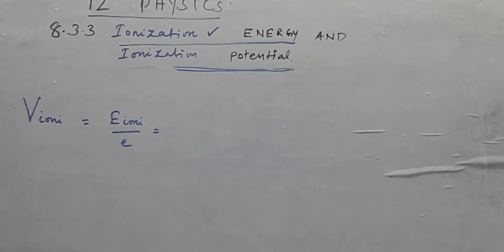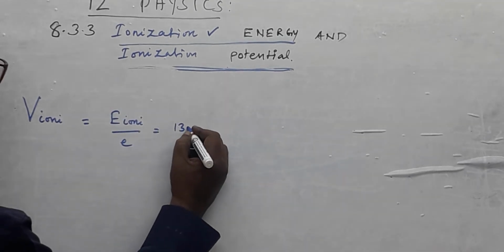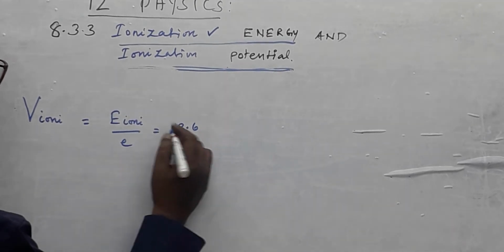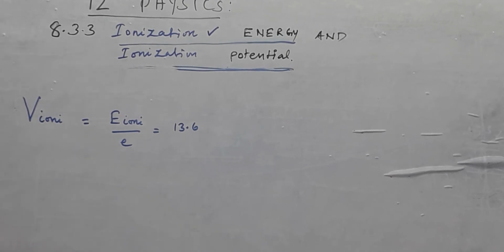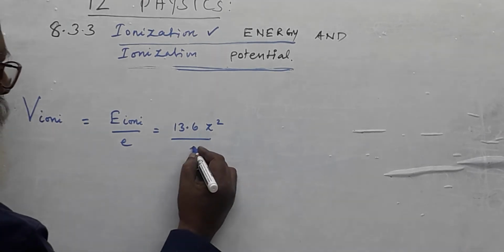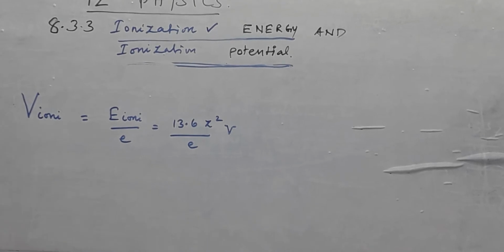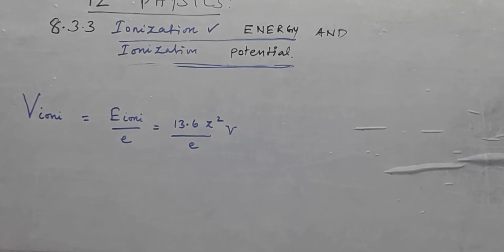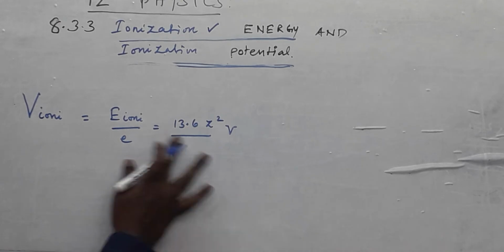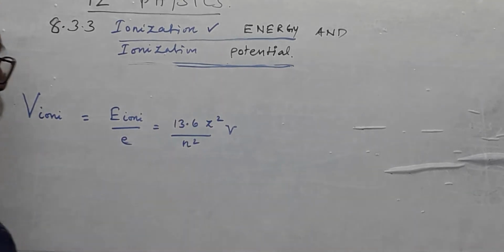E ionization, we already derived an expression: 13.6 Z square by N square electron volt. This is the equation.